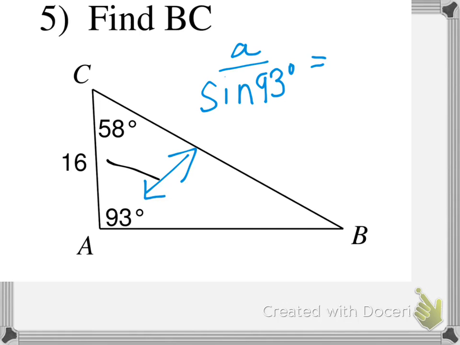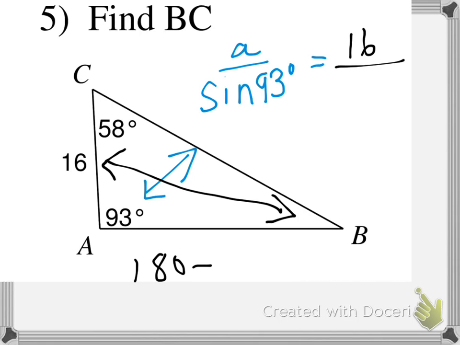We have to go opposite of that side, 16, because that's the only information I have to use. So I'm going to have to once again do 180 minus 93 minus 58, and we get 29 degrees. So we'll do that.